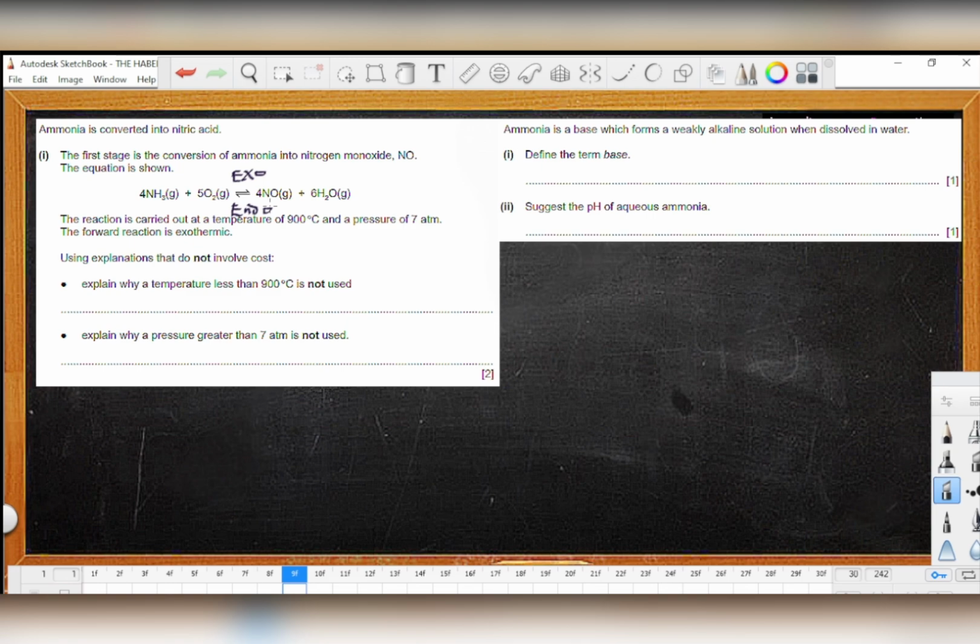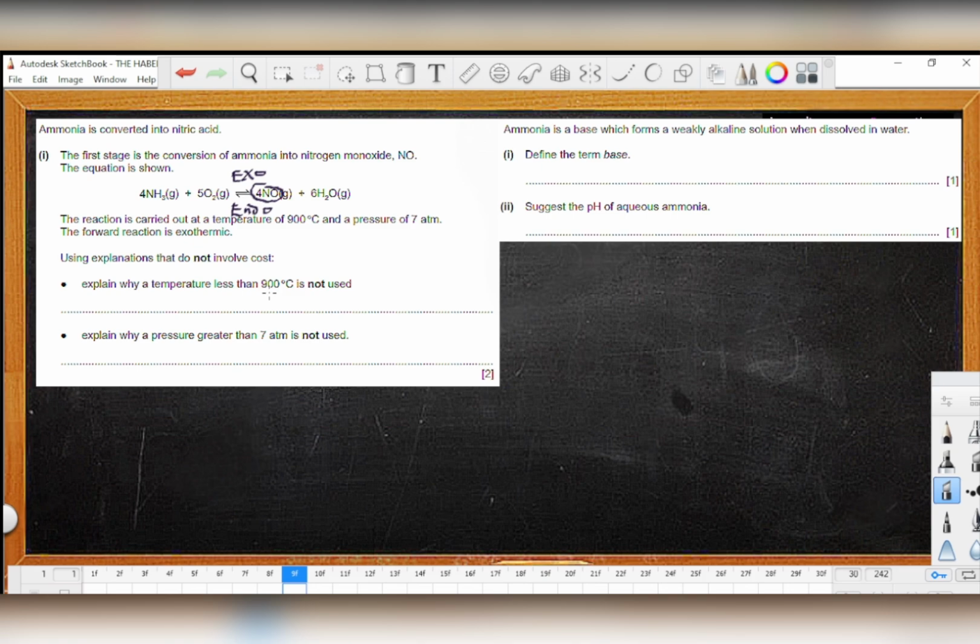Now, what do we want to make? We want to make nitrogen monoxide. Nitrogen monoxide does not have to be made with high temperature, because the forward reaction that makes it is exothermic. It means at lower temperature, more nitrogen monoxide is formed. But explain why a temperature less than 900 is not used.